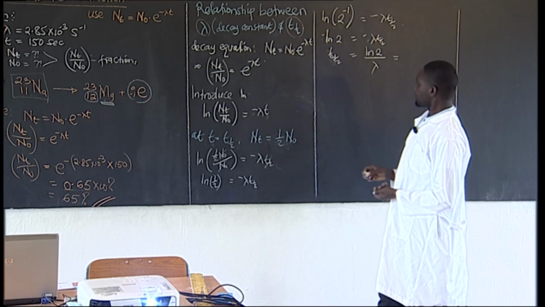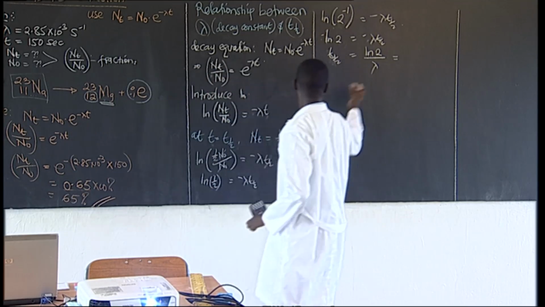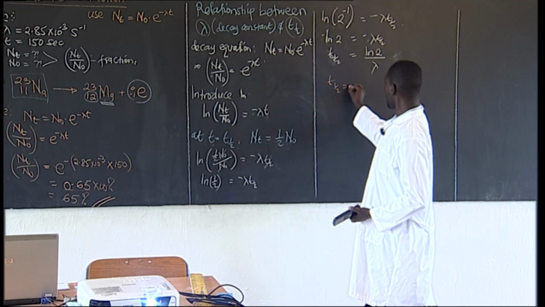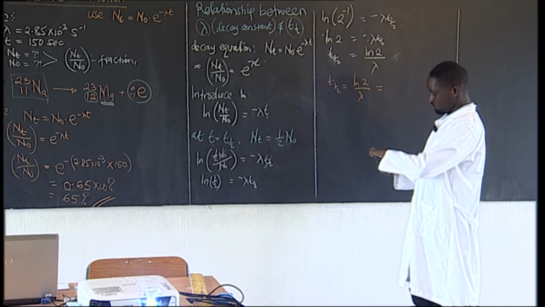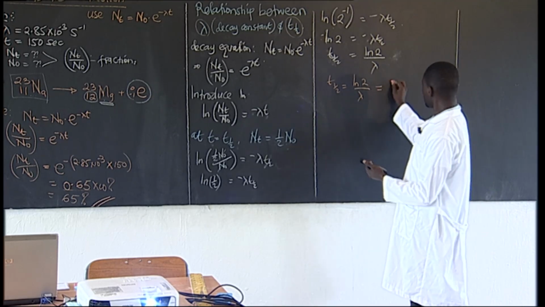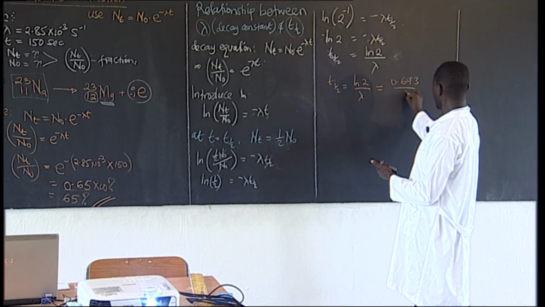If we substitute the value of ln 2, you end up having t1/2 equals 0.693 over lambda.